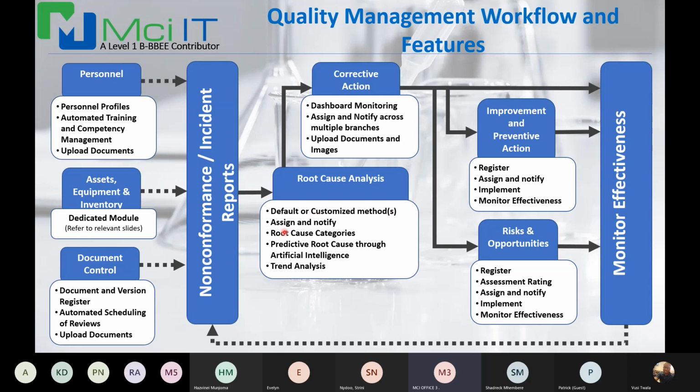But the action for that can be assigned, and that person receives a notification with all the incident or non-conformance details. Once the investigation is concluded, you would select from the root cause categories what the primary and secondary root causes were. Through the use of the built-in artificial intelligence, the system actually predicts its own root cause analysis as well, which the user can compare to his findings, and that obviously feeds into trend analysis as well.